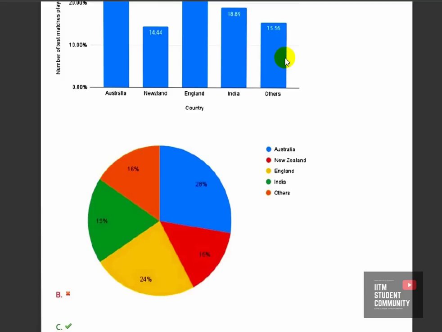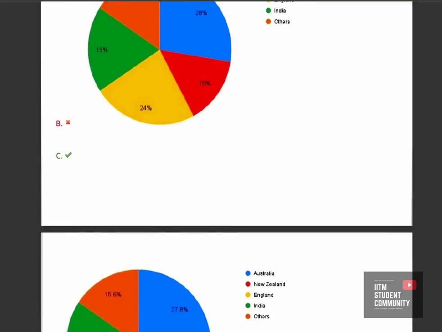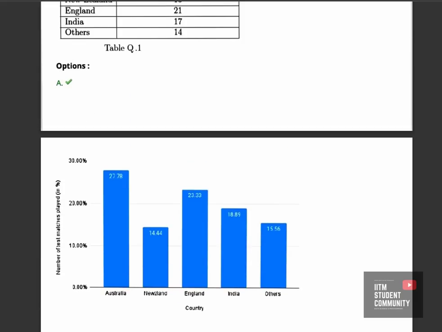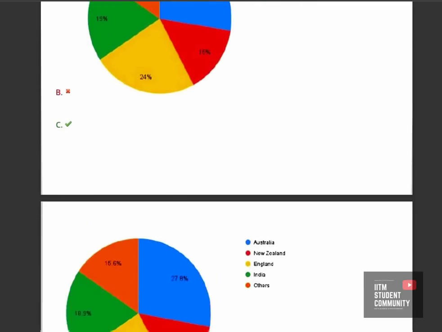They have reduced the data. It is going to cause errors. This option gets eliminated for the pie chart. Whenever we round off numbers, it is always to the next number. So if it is 15.56, it turns out to be 16 if we are rounding off to a whole number.